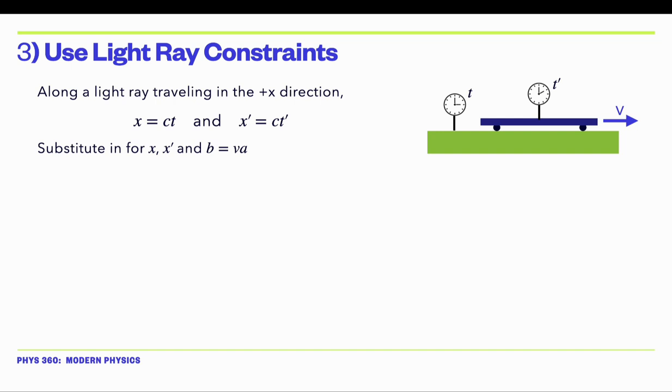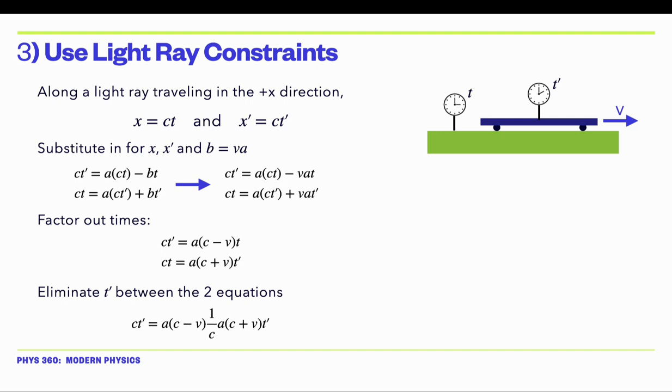So we can make these substitutions, and our previous result, that b is equal to v times a, plug it into our transformation equations. We're plugging in ct for x and ct prime for x prime. We're also plugging in that b is equal to va.